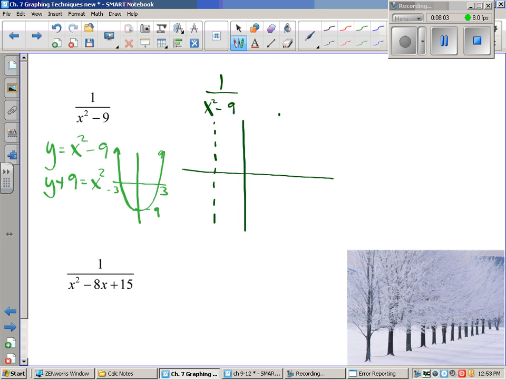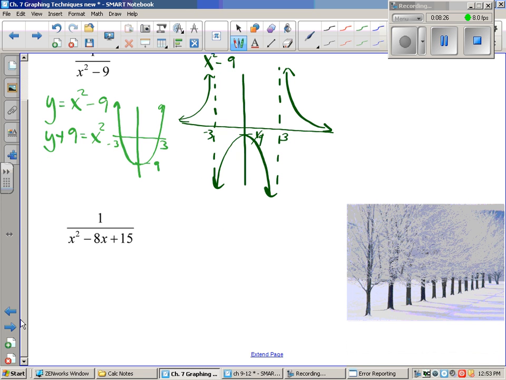Negative 3, positive 3. Again, what happens is those ends are going to flip out. And instead of this being at 0, negative 9, it's going to be at 0, negative 1/9. And then I just draw that parabola upside down.